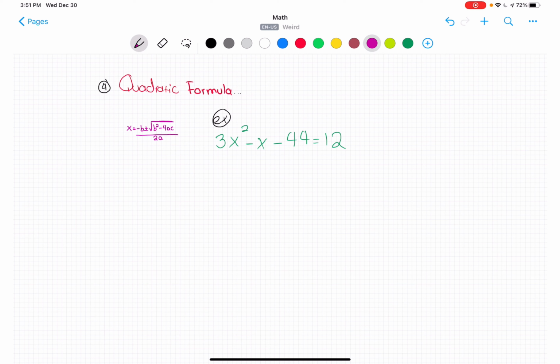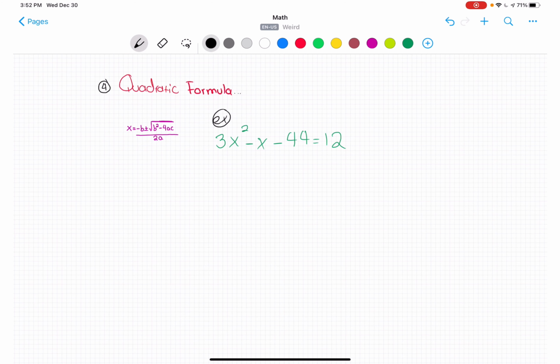So that's pretty easy. First of all, we have this weird equation, and first we need to put it in an order. We need to set the equation equal to 0 in order for us to input the values into the equation.